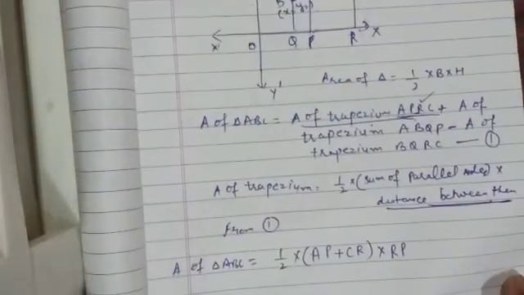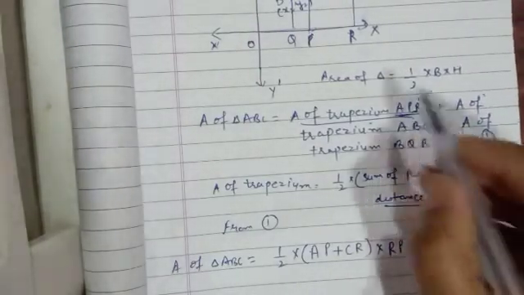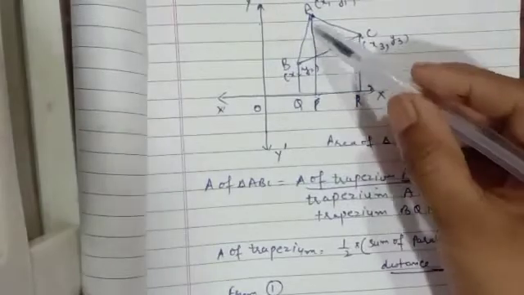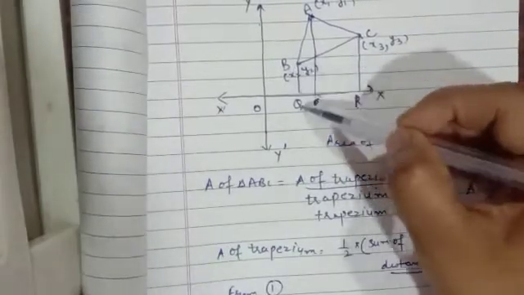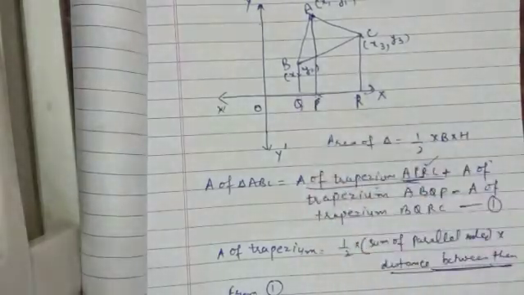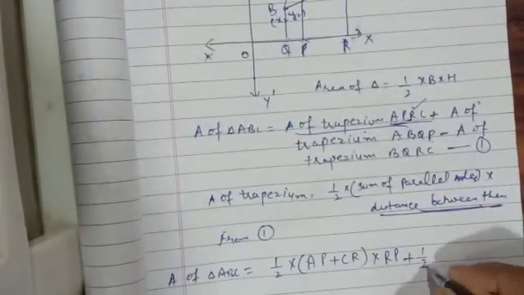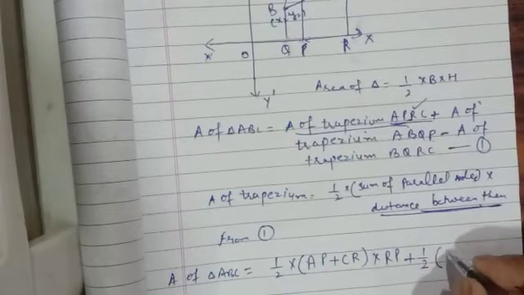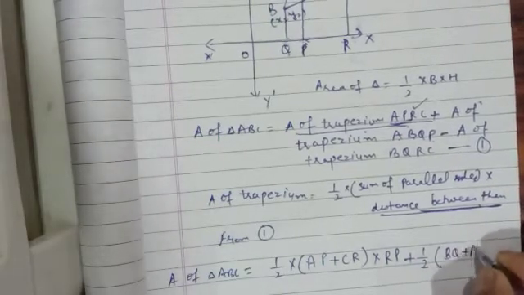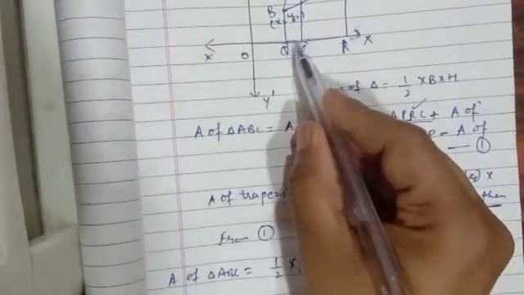Now let us write the second one, plus area of trapezium ABQP. Let us see from the diagram. Parallel sides are AP and BQ and the perpendicular distance is QP. So let us fill in the formula. Here the area of trapezium ABQP is half into BQ plus AP multiplied by the distance between them, that is QP.